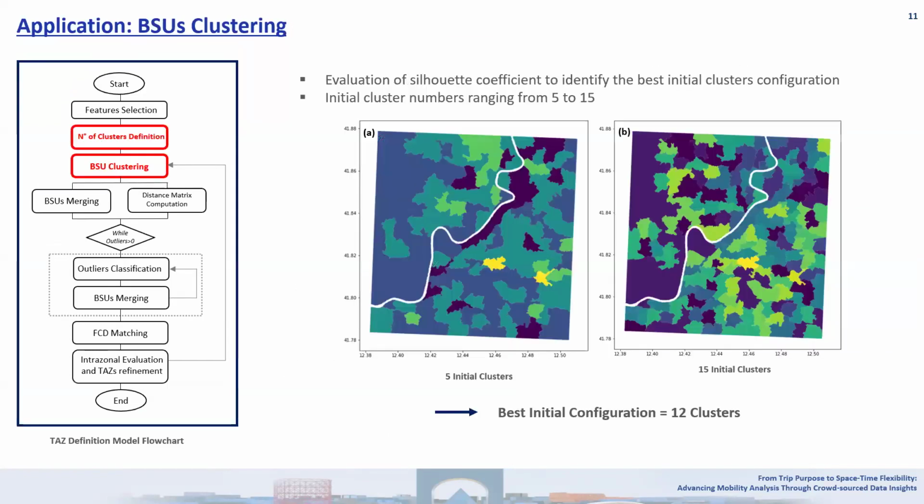Then, using clustering, we evaluated a few initial configurations. We used clustering techniques to put together the smallest basic units, even if they are not contiguous. If the zones were in the same cluster and were contiguous, they could be aggregated into the same traffic zone.